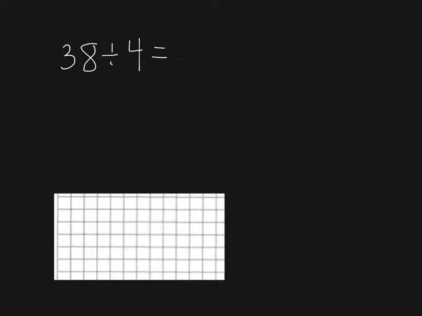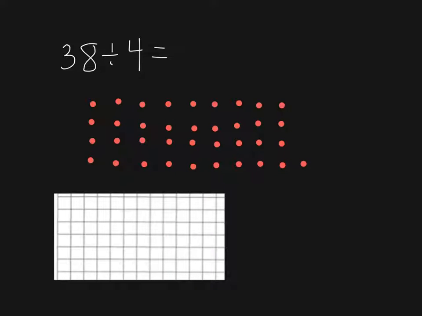This problem is a little bit larger. We can still use dots to help us. This one is 38 divided by 4. So I'm going to start by making 4 rows, and then I'm going to continue adding my dots and counting until I get all the way to 38.